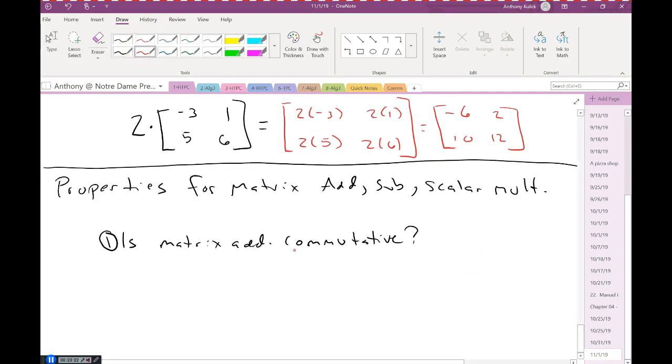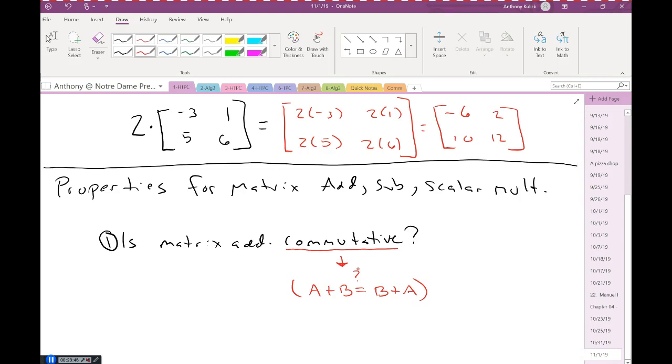What do we mean when we say commutative in a mathematics setting? It basically means, is A plus B the same thing as B plus A? Now we know this is true for real numbers, right? 2 plus 3 is the same as 3 plus 2.